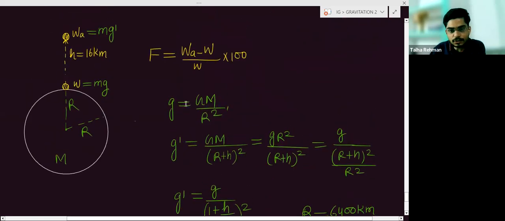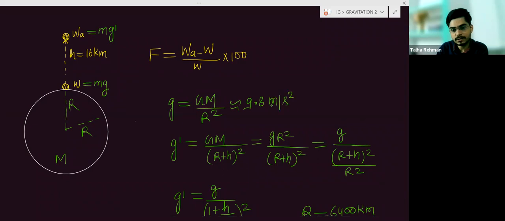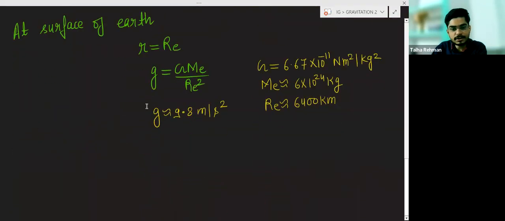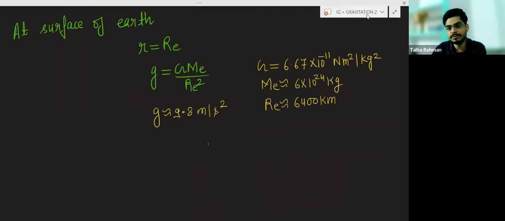Now what is the value of g on the surface? Approximately equal to 9.8 meter per second square or Newton per kg. I told you. At the surface of the Earth, the value of g is this 9.8 meter per second square.